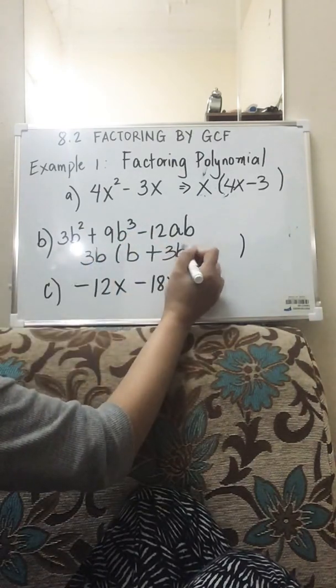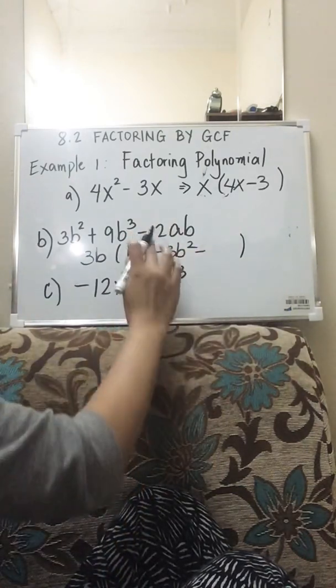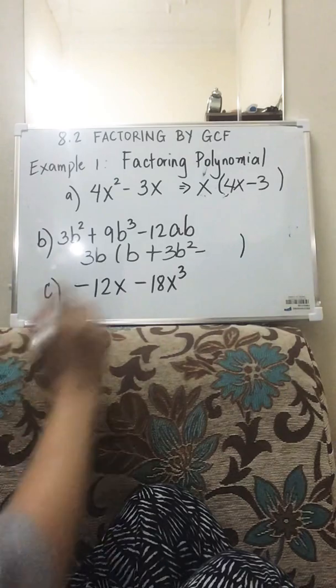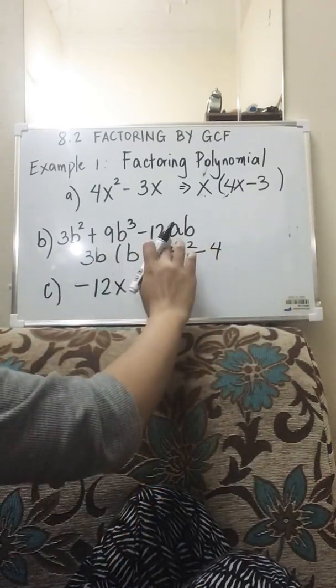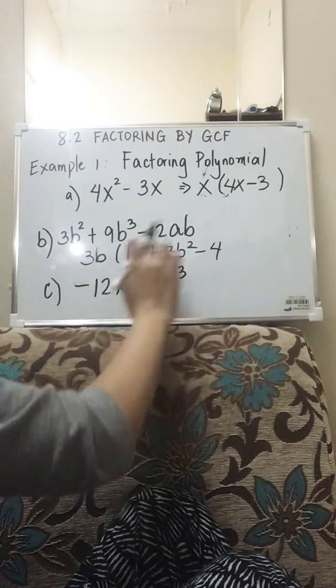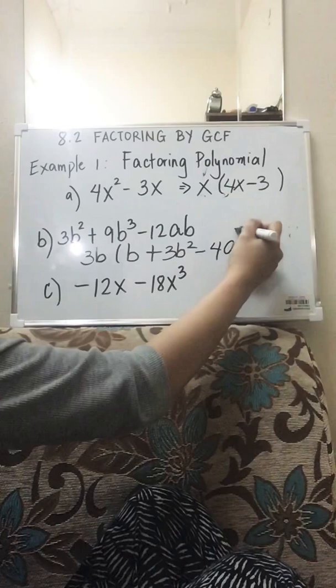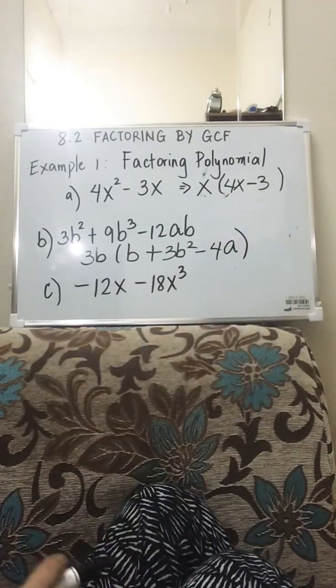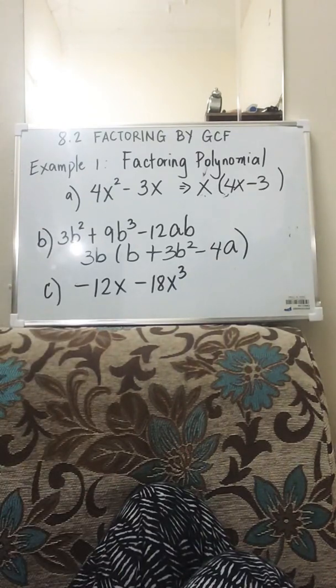You subtract the exponents. Next, this is minus, so let's put minus. 12 divided by 3 is what? 4. And then ab divided by b. We just cancel b and b. So what is the answer there? a. So the factor of 3b squared plus 9b cubed minus 12ab is 3b times (b plus 3b squared minus 4a).